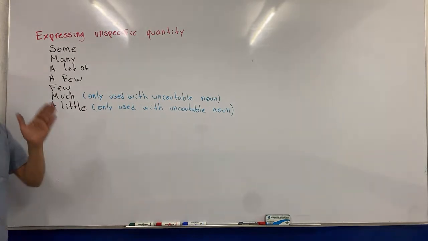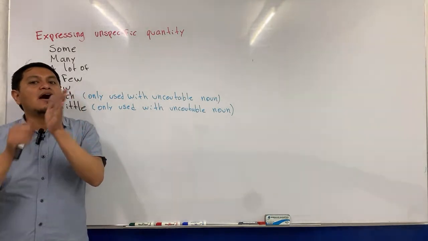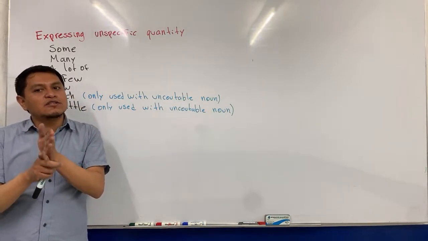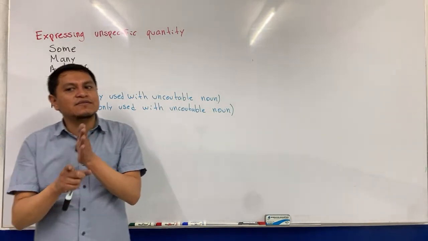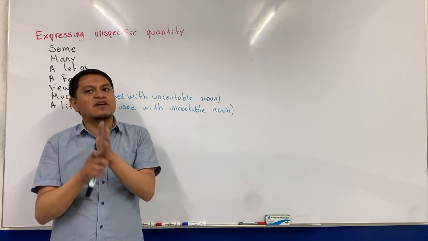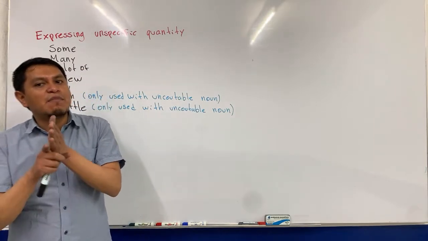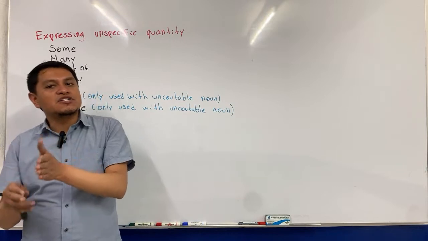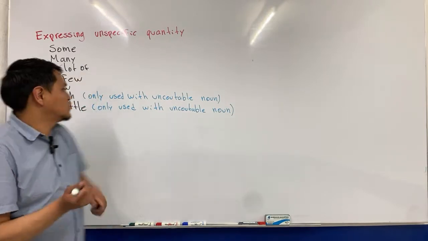We can also express quantities by saying the specific number of the thing we are talking about. Example, there is much noise outside my house.